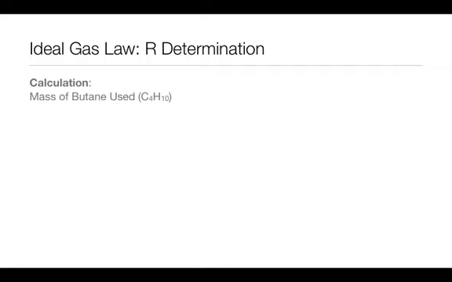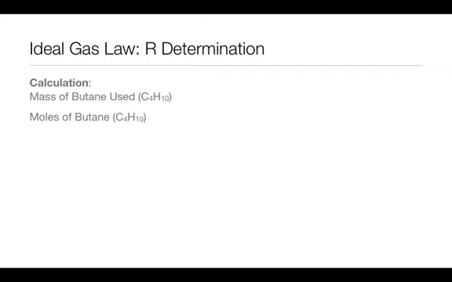Now you're going to use the masses that you measured in the experiment to determine the mass of butane used. Once you have determined the mass of the butane used, then you can calculate the moles. And this is going to be a gram to mole conversion. Add up the mass off the periodic table for butane and convert that grams to moles.